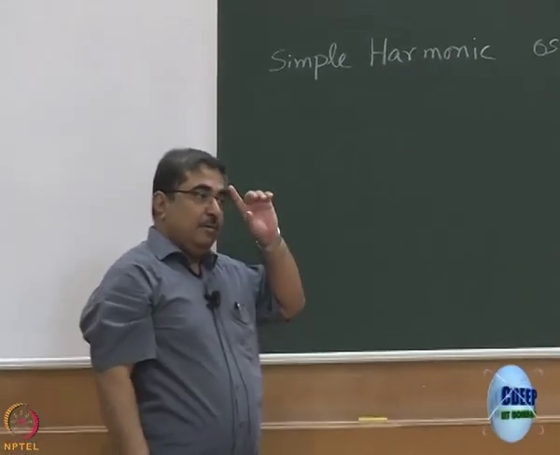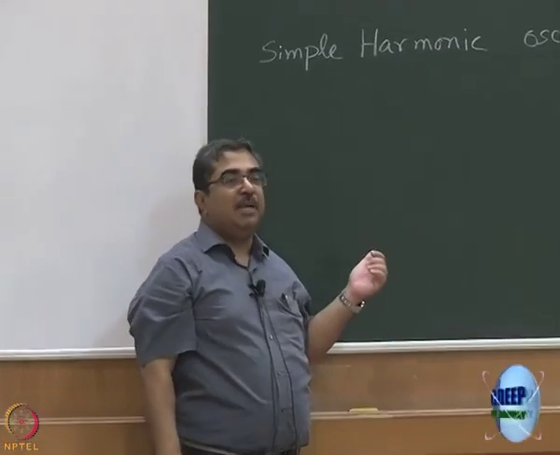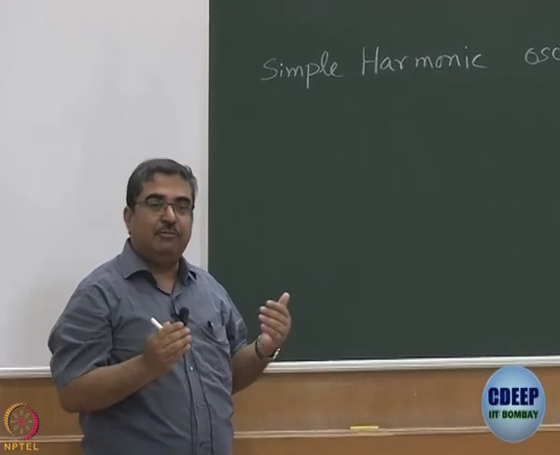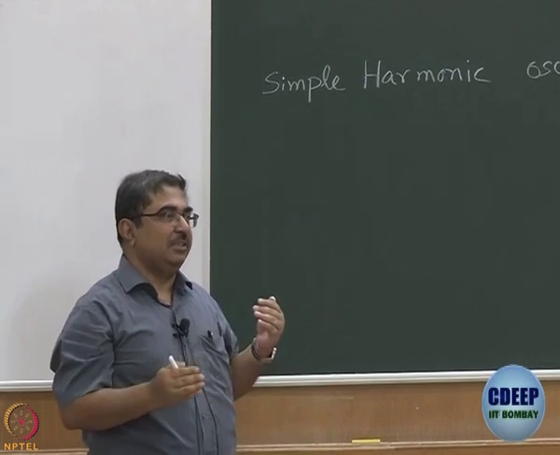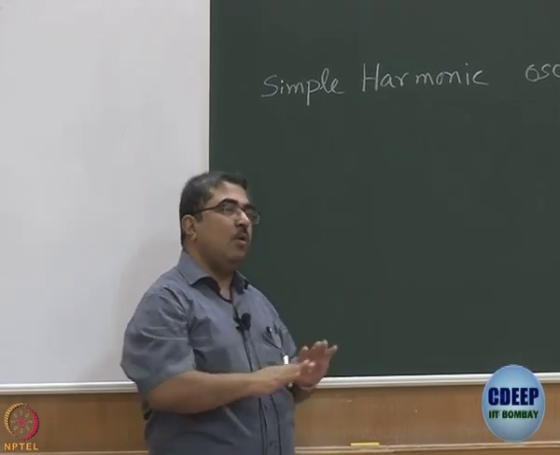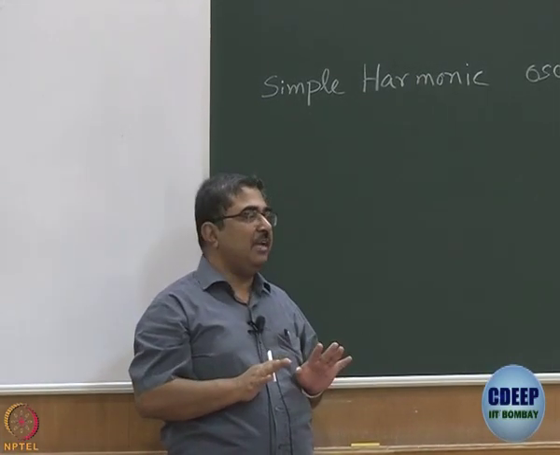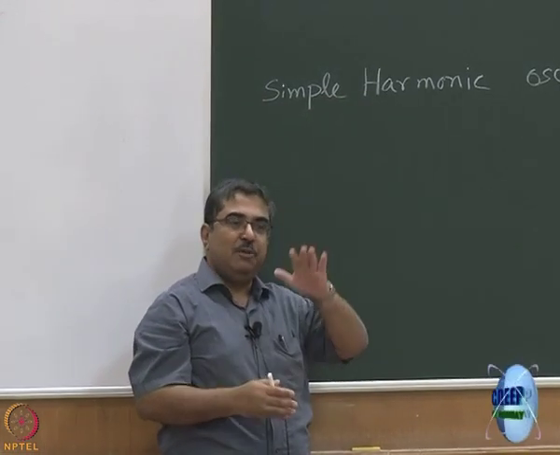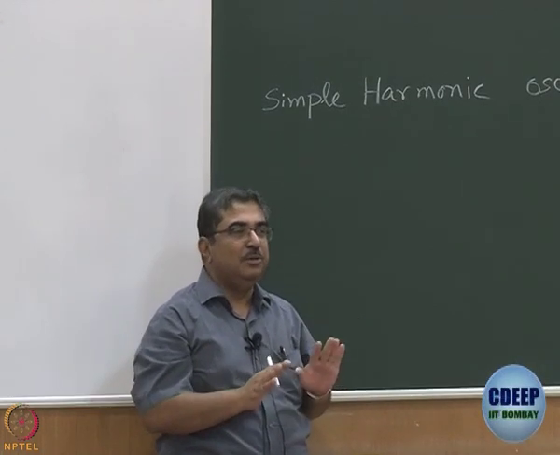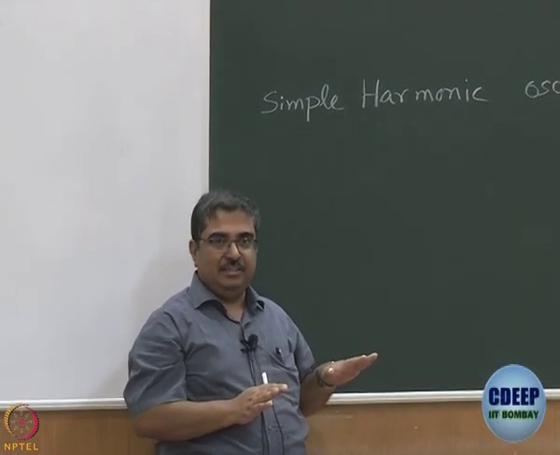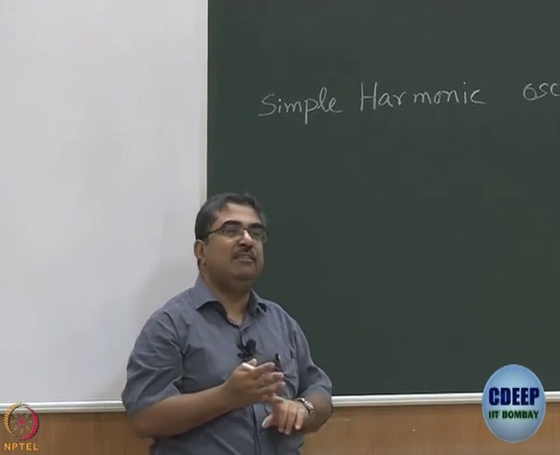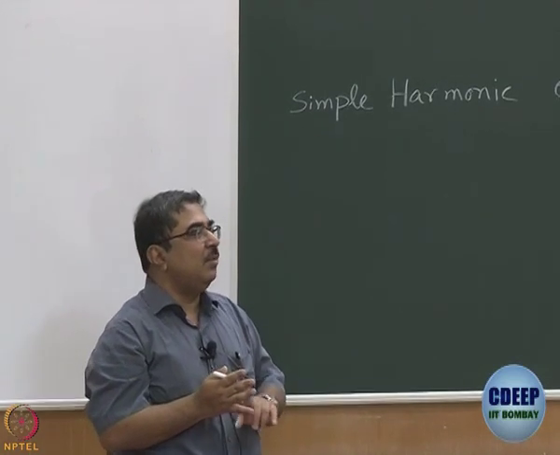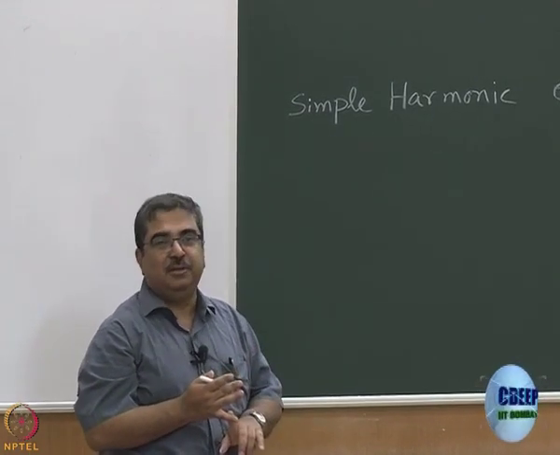But we are talking about molecules, so it will not be enough to talk about a classical oscillator. We have to discuss a quantum harmonic oscillator, something all of you have studied in some quantum mechanics course earlier. To start with, we are going to recapitulate the results. We are not going to do any derivation in that part. We will remind ourselves what the energies of the simple harmonic oscillator are, and what its wave functions look like.